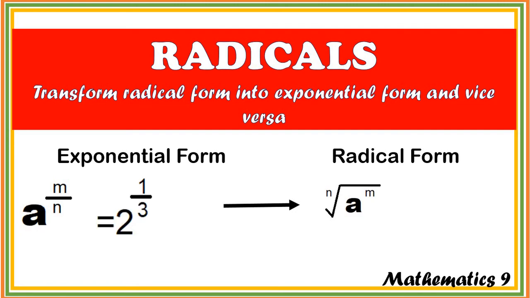Example, we have 2 raised to 1 over 3. So our a or base is 2, our m is 1, and our n is 3. So you have cube root of 2. However, if your exponent is 1, no need to write it. So your final answer is cube root of 2.